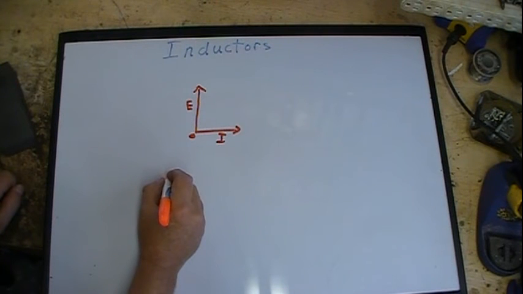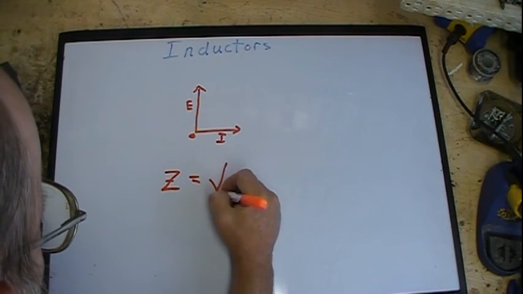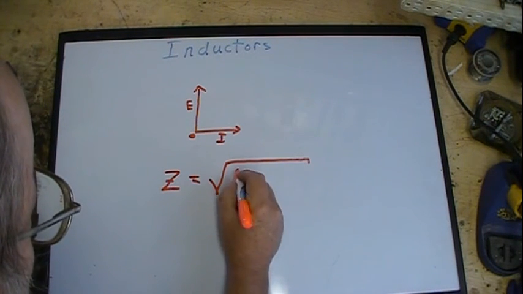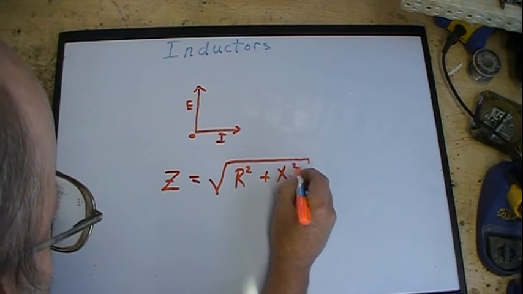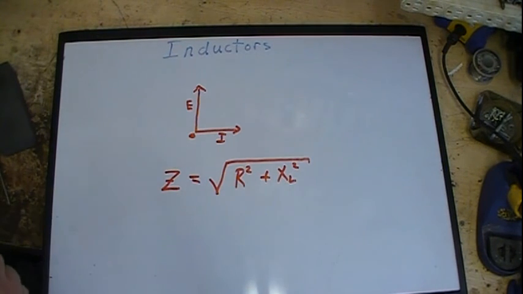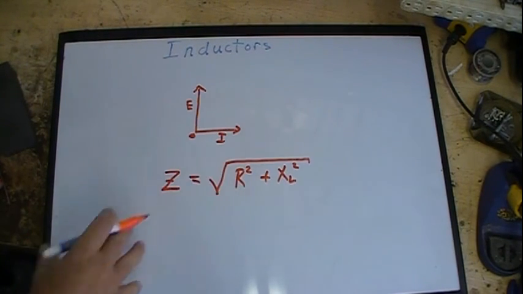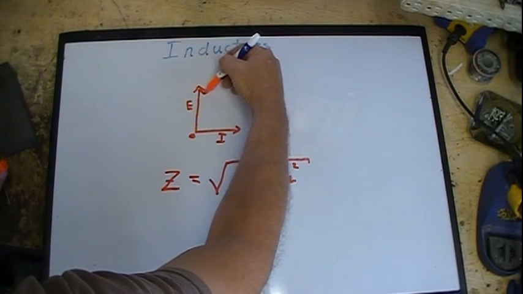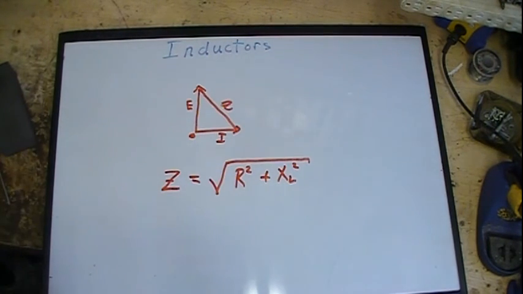So impedance, Z, in ohms, will equal the square root of my resistance squared plus my inductive reactance squared. Gives me my impedance. So it's just a right triangle basic formula, but it's actually something like this. This would be your impedance across there.